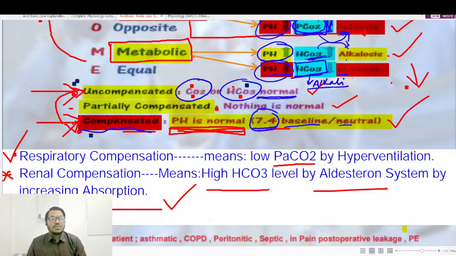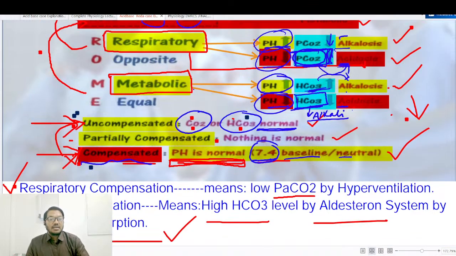If there is respiratory acidosis and then the patient came to normal, how did they come to normal?